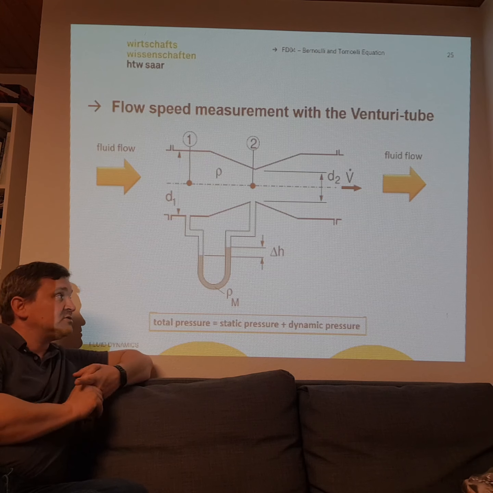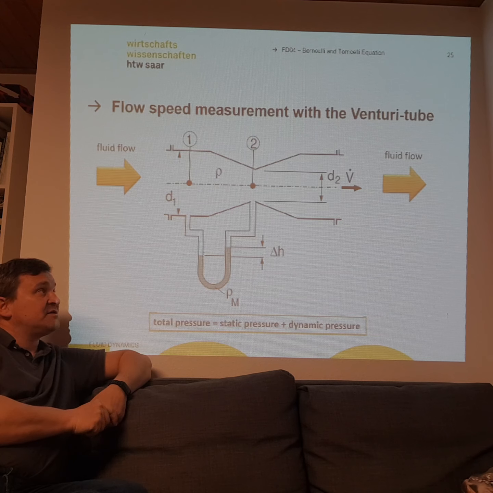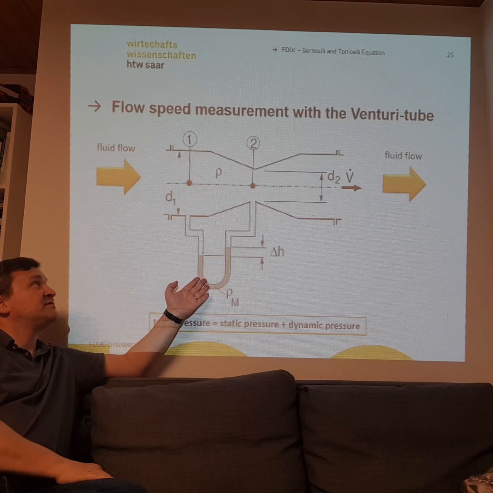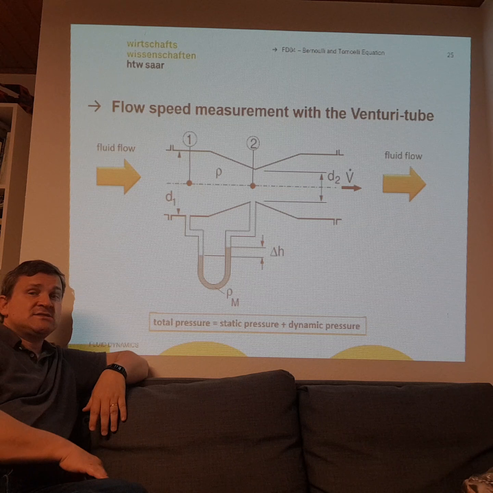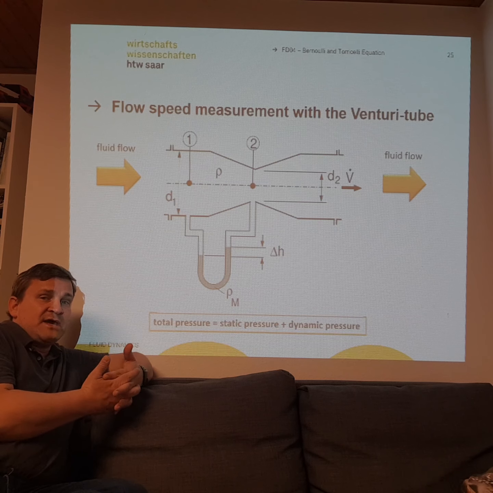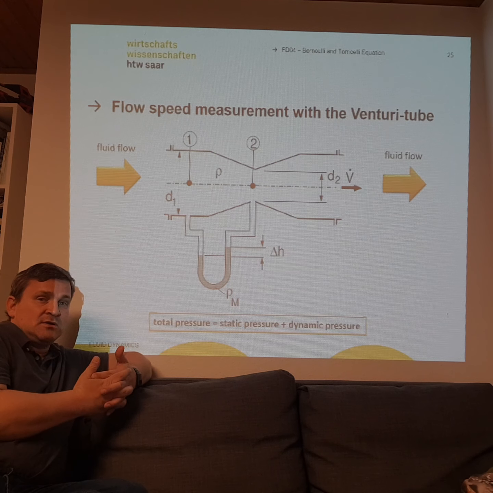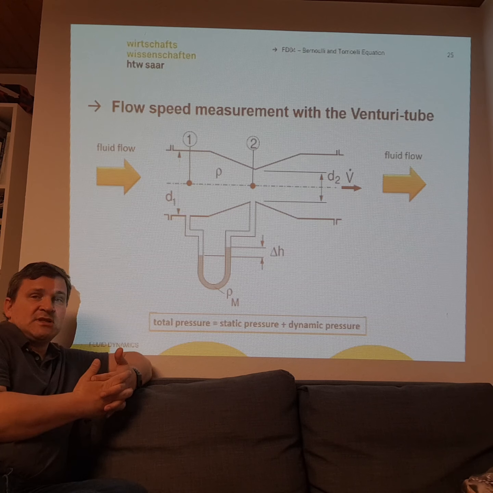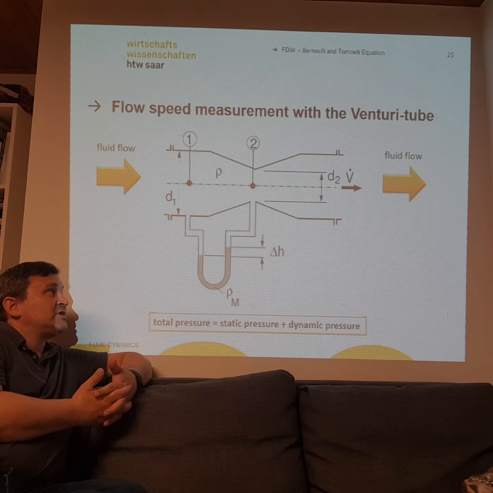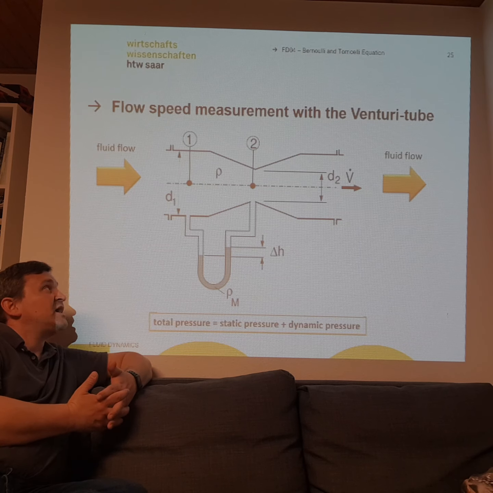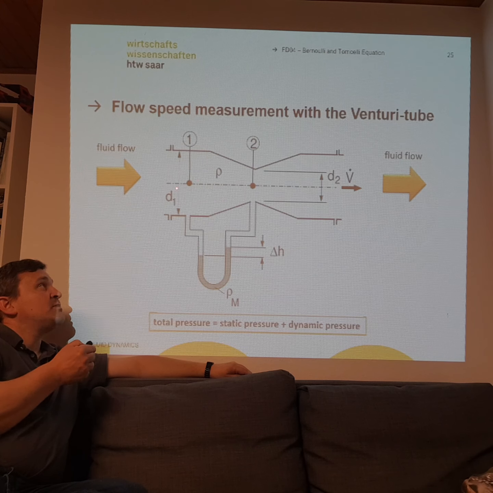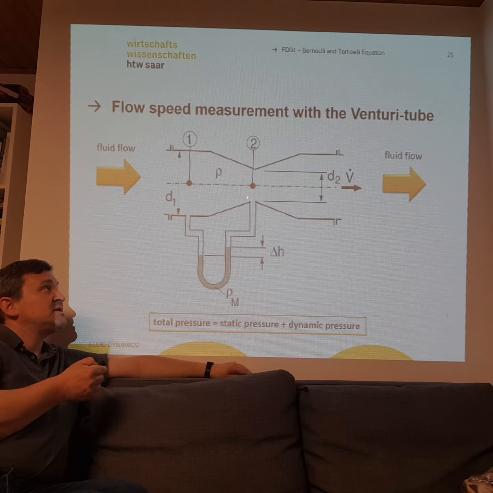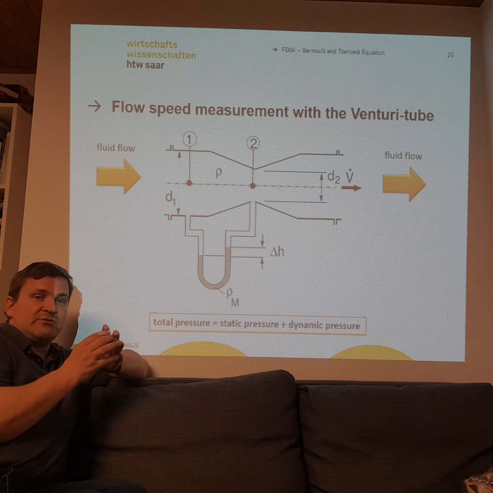I showed you the Prandtl tubes, but here I have another method. I have a so-called Venturi tube, and the Venturi tube is mainly based on a similar principle. We don't have a tube, we have a pipe or part of the pipe, and we make the pipe here in the middle a little bit more narrow.